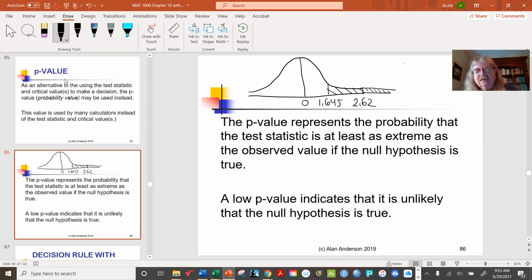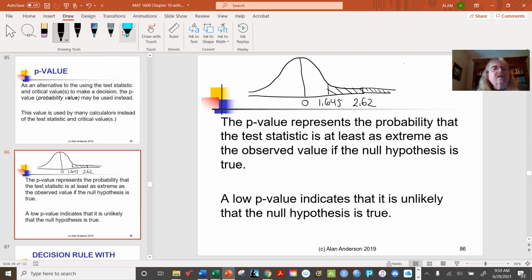Hold on one second. It's being stubborn with me. All right, here we go. So what I'm actually doing, I'll show you in a second. 0.0044.